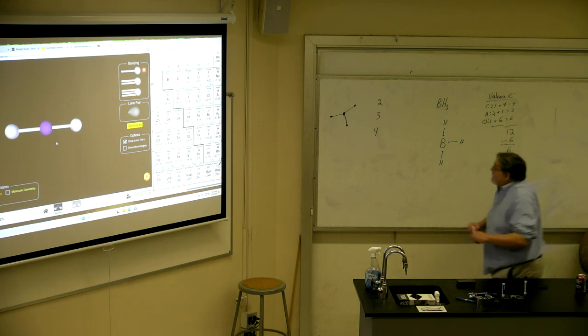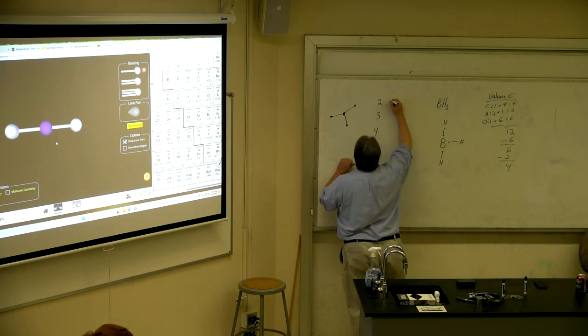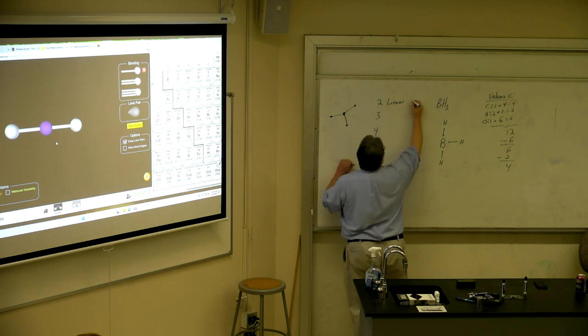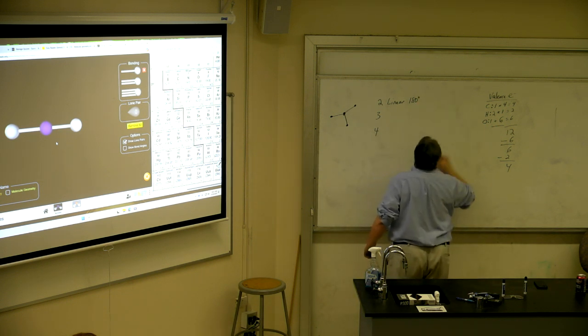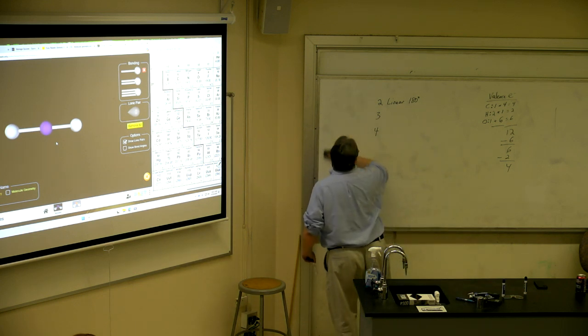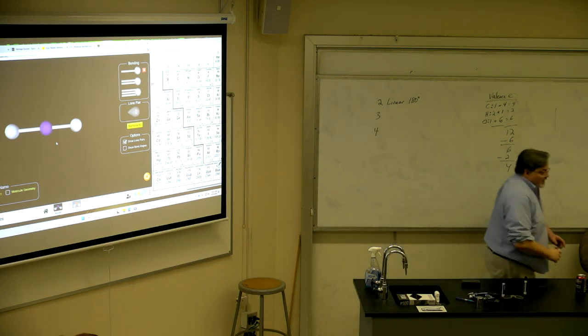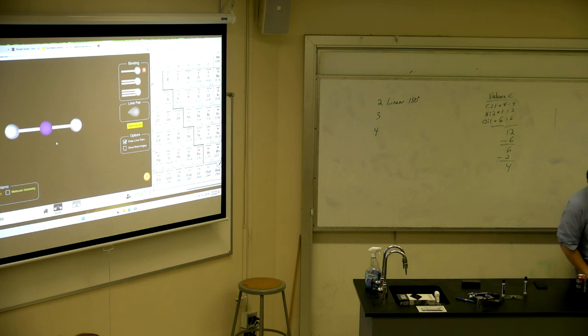And we call that linear at 180 degrees. I'm not giving you a specific example of that one, because really I need double bonds there, but I'll come back to that.